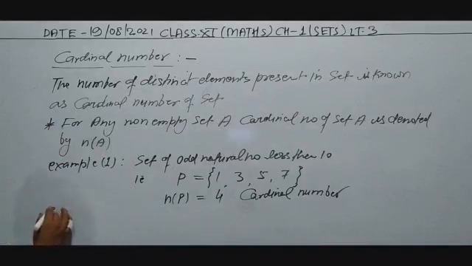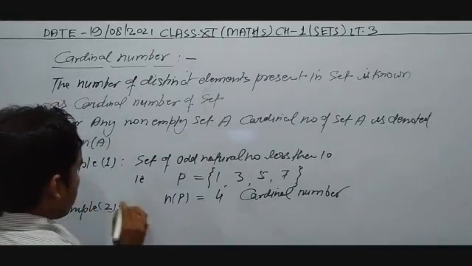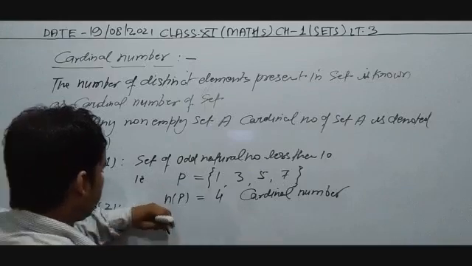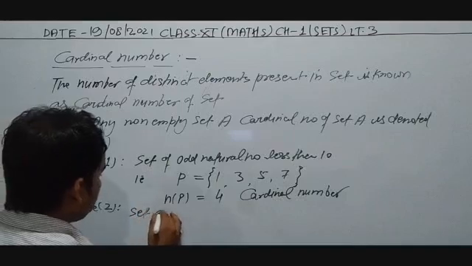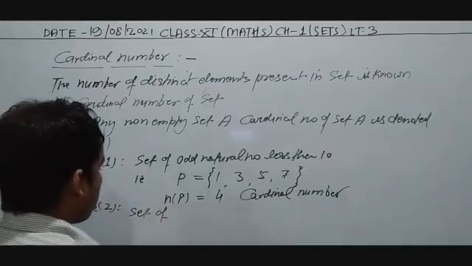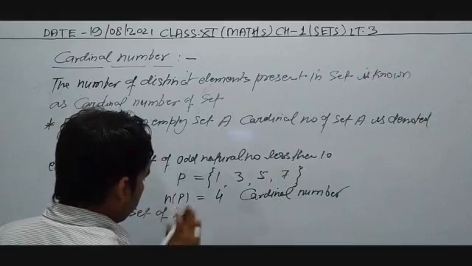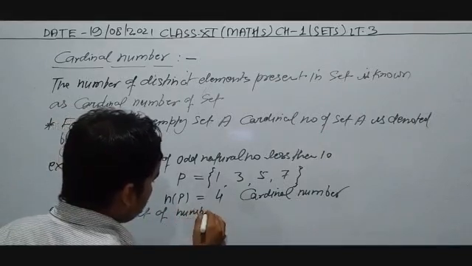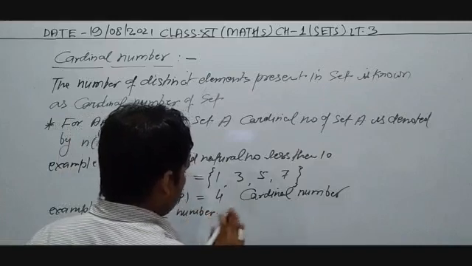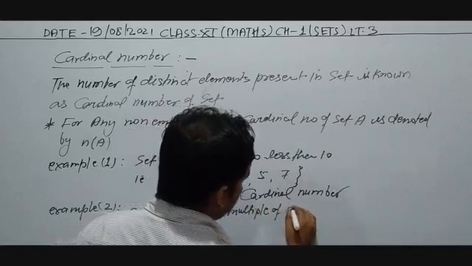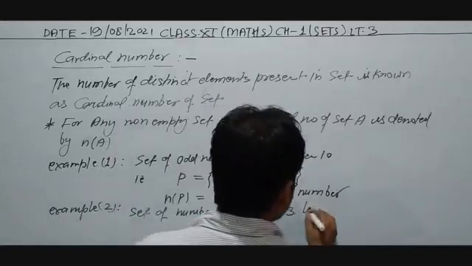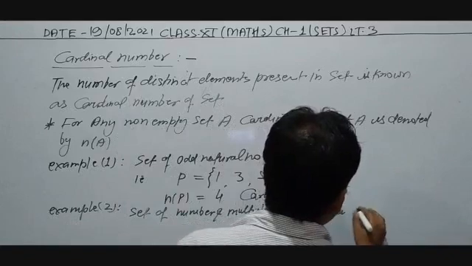Now suppose the second example, example 2. Example 2 is the set of numbers that are multiples of 3 less than 25.